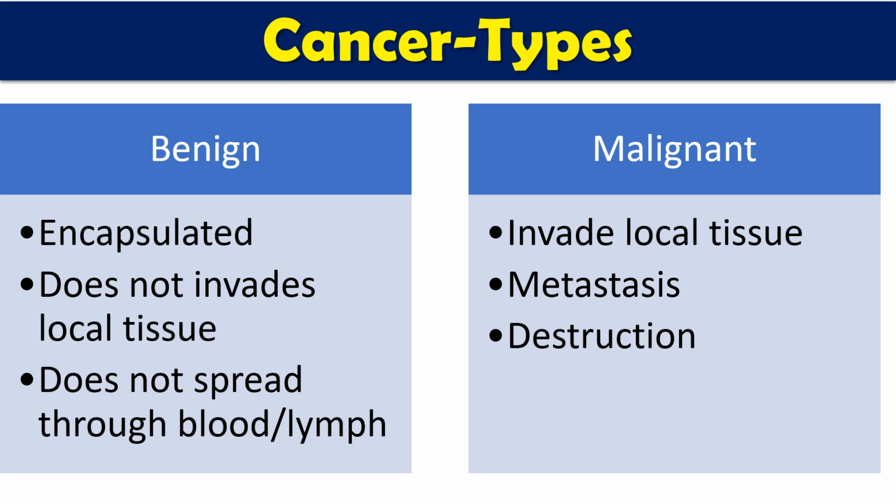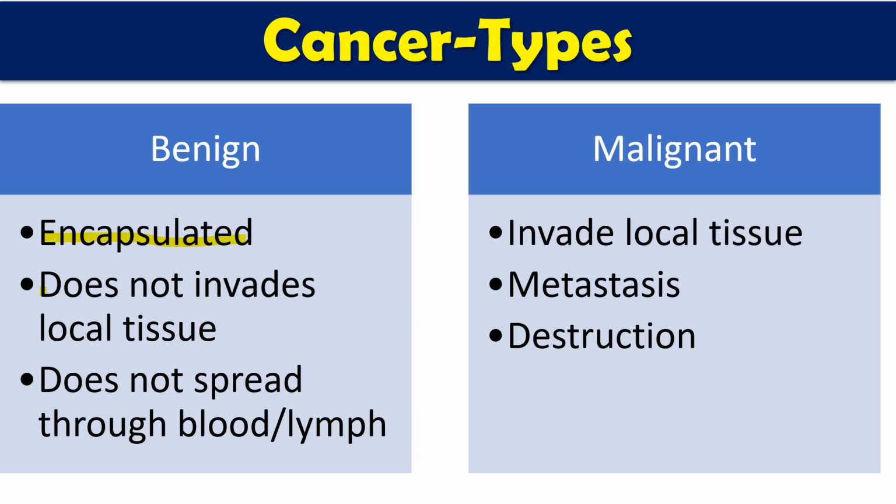The basic difference is that benign tumor cells are encapsulated, covered with a capsule. Whereas malignant cells are non-capsulated, there is no covering, no capsule.